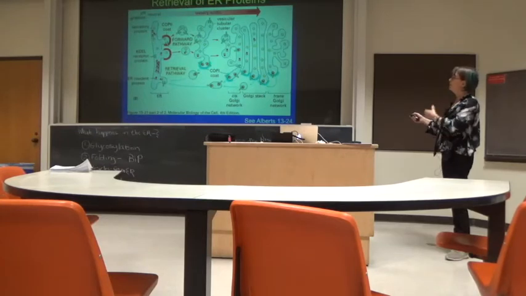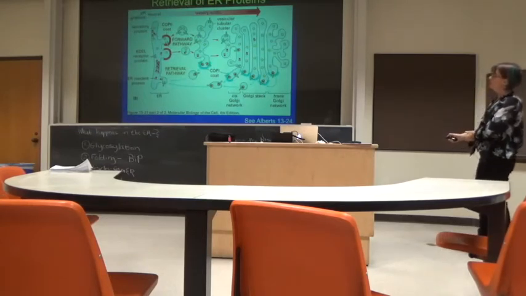And you can see what this slide also illustrates is that COP1 coated vesicles are bringing KDEL receptors along with and dragging along KDEL into the ER. And then the way that the empty KDEL receptors are recycled back is through COP2 coated vesicles.